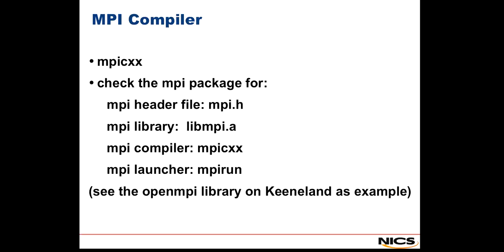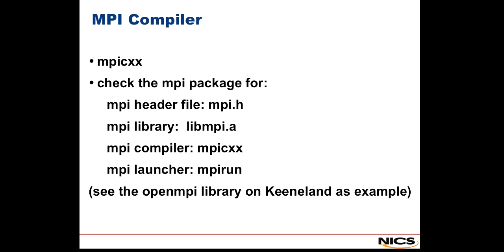Let's say it is called mpicxx. According to different MPI implementations, they may have different names for their MPI C++ compiler, but mpicxx is a very commonly used name for the MPI compiler for C++ programs.